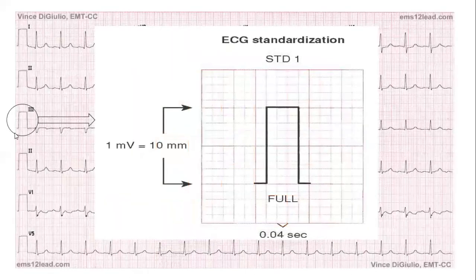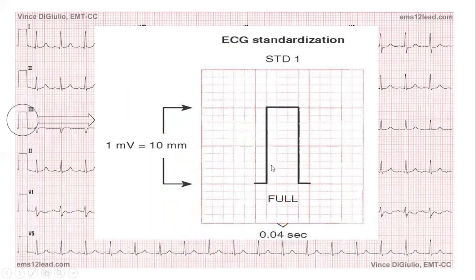Now, looking at these blocks, this is simply your standardization, or your calibration, your normalization, whatever you want to call it. The standard calibration of your ECG machines is that this needs to be 2 big boxes high, okay?